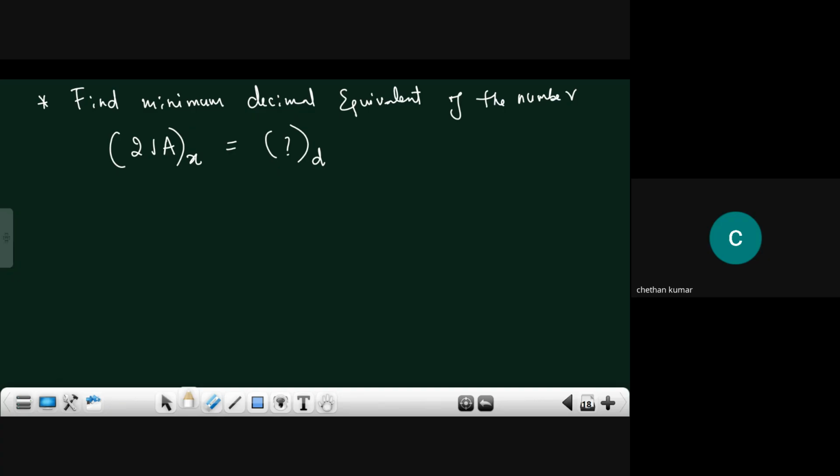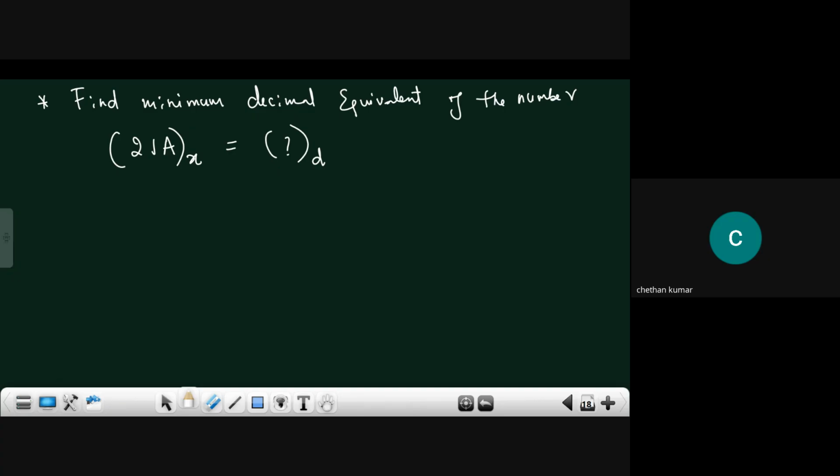Okay. But there is no LHS right here. If you have LHS some value, RHS some value, then you can put that into quadratic equation. Then you can find out the roots of that. Then you will get the base X. But just I am giving the number 21A of X, but I have not given LHS value. Only the number 21A of X I have given.